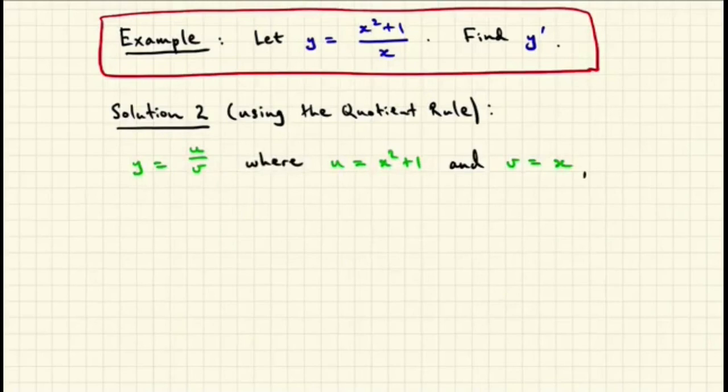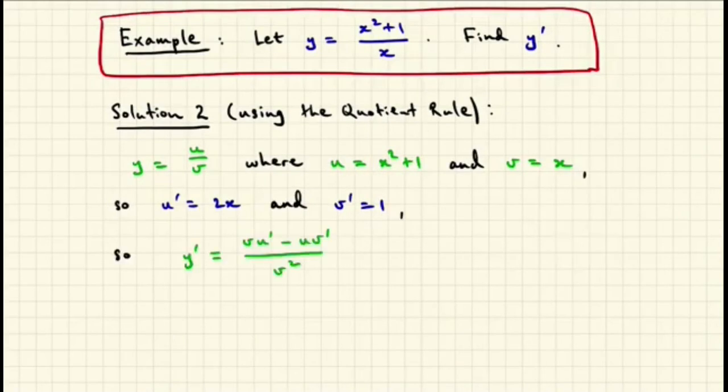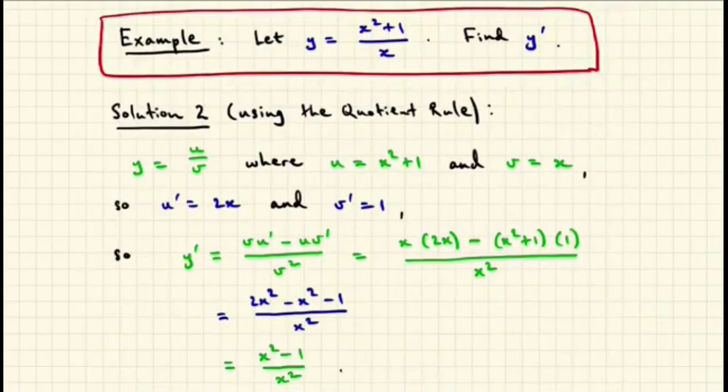So by the quotient rule, y dash is v u dash minus u v dash all over v squared. And we can put all the pieces together, expand and simplify using a couple of steps to get x squared minus 1 over x squared, which agrees with our first direct solution.